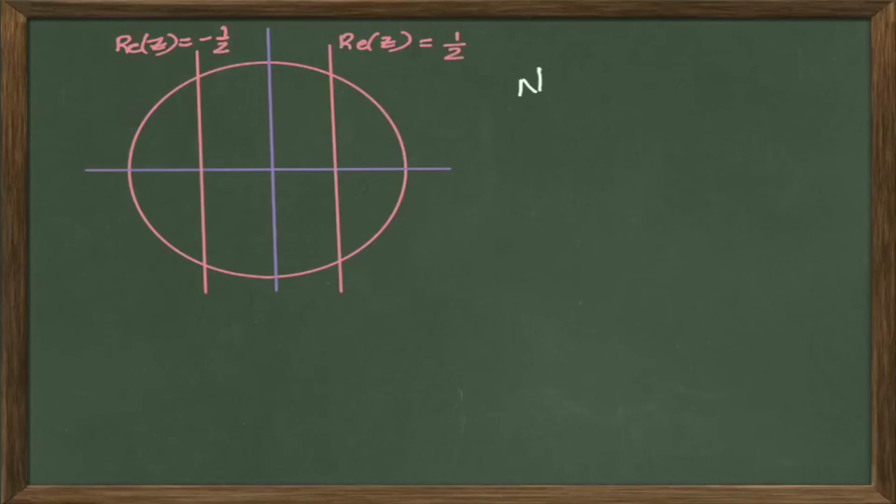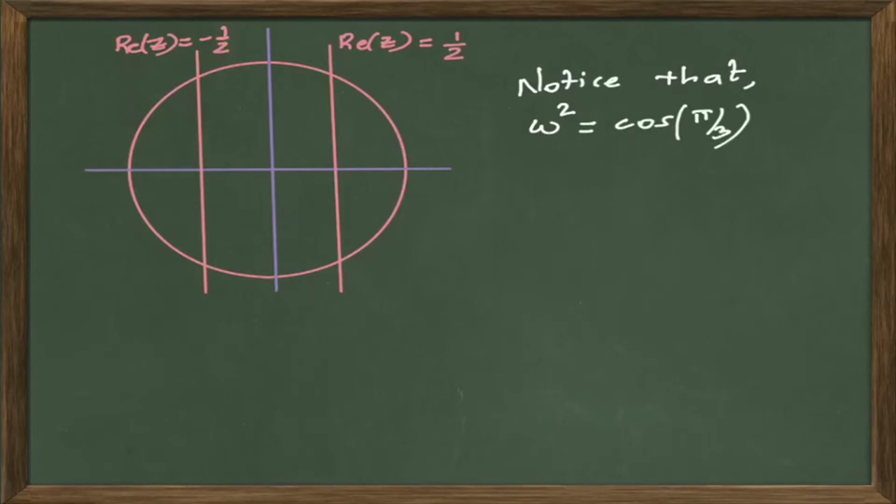Notice that by de Moivre's formula again, omega square is equal to cos pi by 3 plus i sin pi by 3, which turns out to be half plus i square root of 3 by 2. This implies that omega square lies on the line real part of z is equal to half.